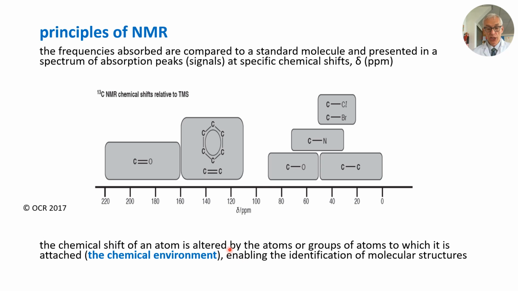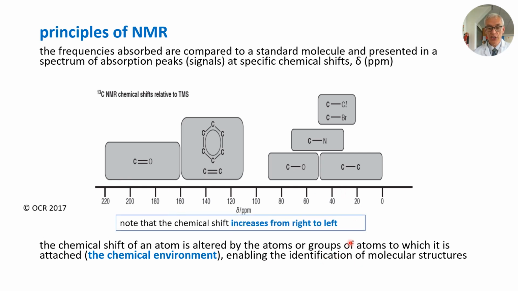So the chemical shift of an atom is altered by the groups or atoms to which it is attached, called the chemical environment. And we can identify these particular environments through the shift values. Notice the chemical shifts increase from right to left. That's slightly unusual.